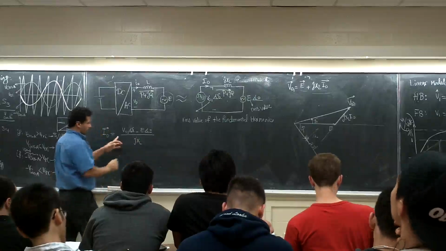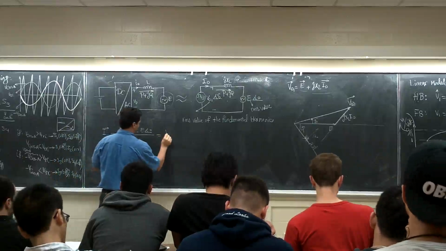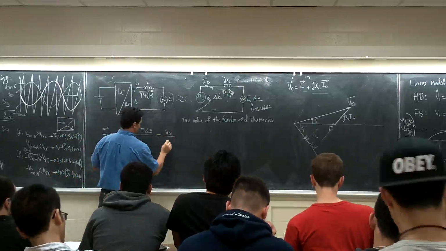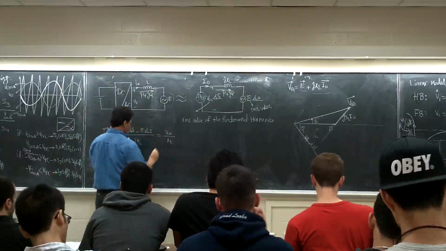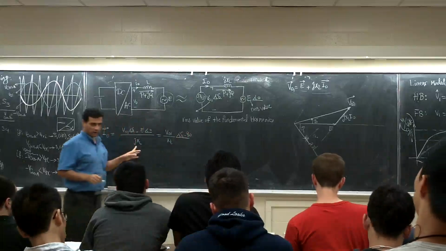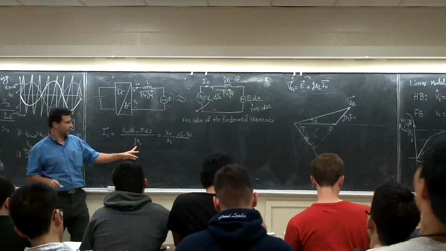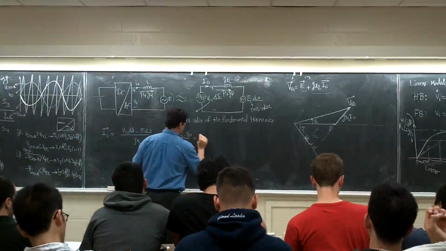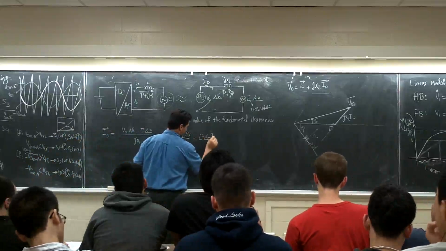If I simplify this, it's going to be VO1 over XL with delta minus 90, because j is in the denominator, minus E with minus 90, right?